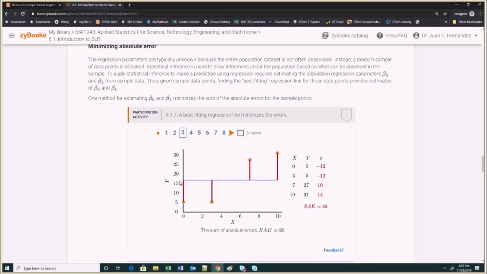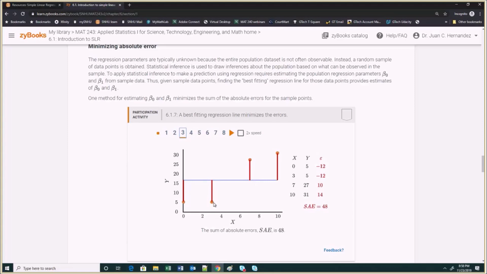For example, in this case, the actual point happens to be at 5, and the point on the line for the same value of x is at around 17. So the error, which is displayed here, is the actual point, 5, minus the predicted point, 17, and so the error is negative 12.